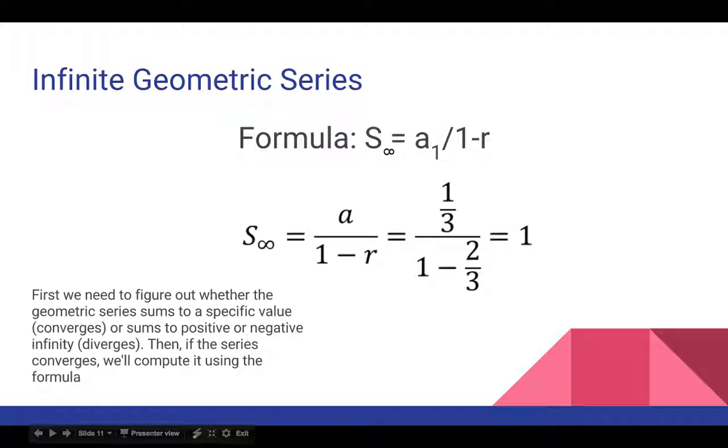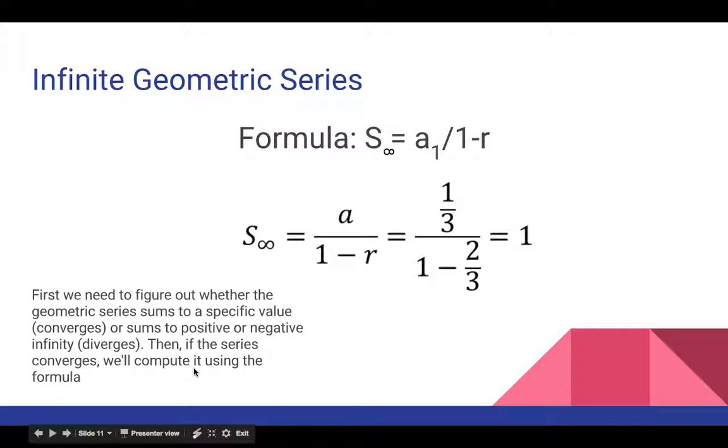And so an important thing to notice about infinite geometric series is that first we need to find out whether the geometric series sums to a specific value, which is converges, or sums to positive or negative infinity, which is diverges. Then if the series converges, we'll compute it using the formula.